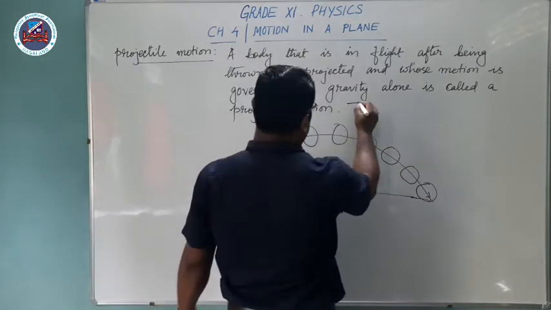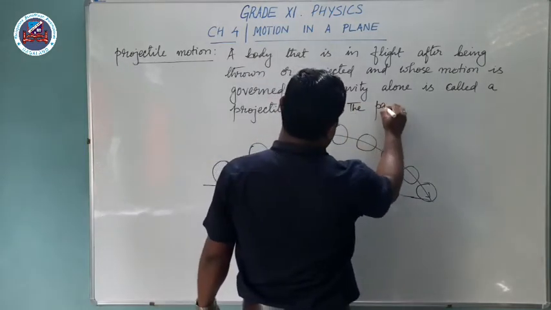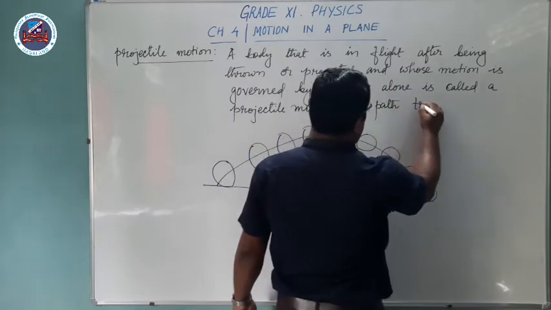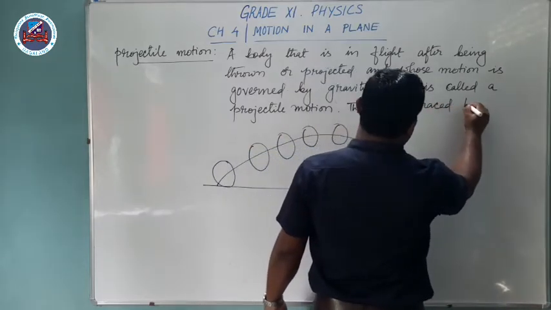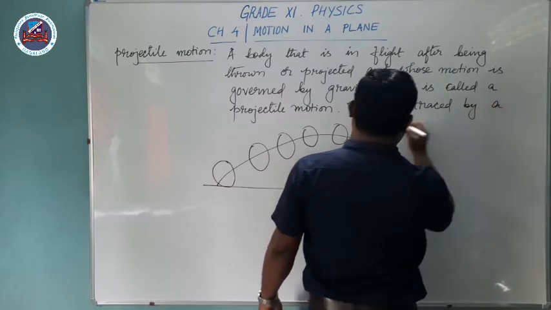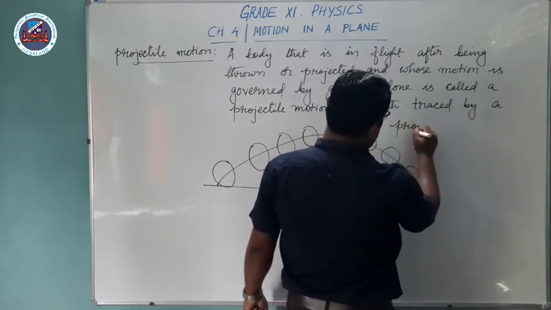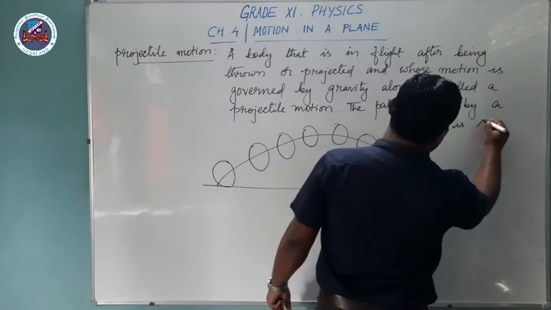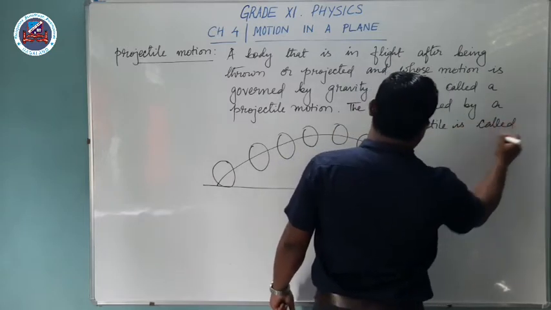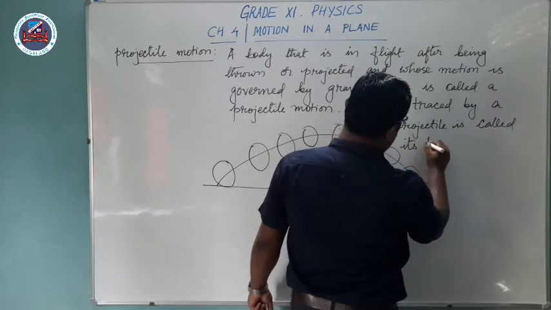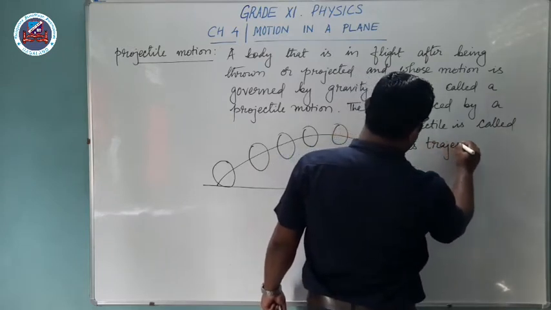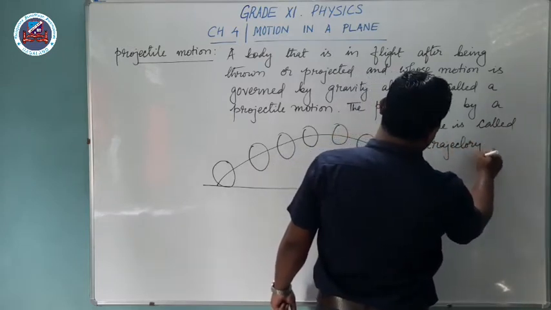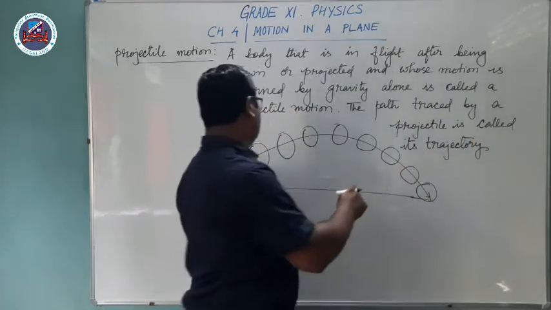The path traced by a projectile is called its trajectory. That means along which path the body is moving.